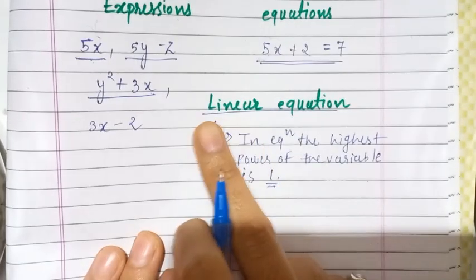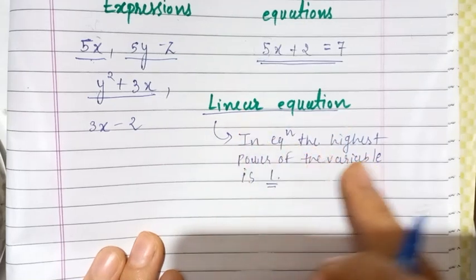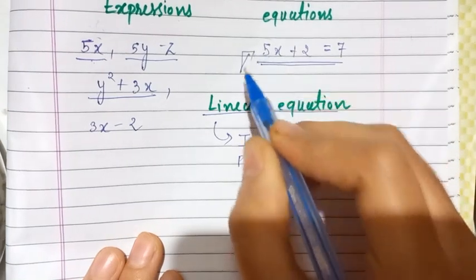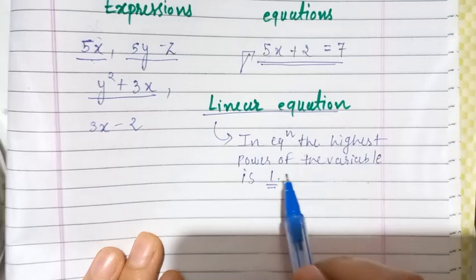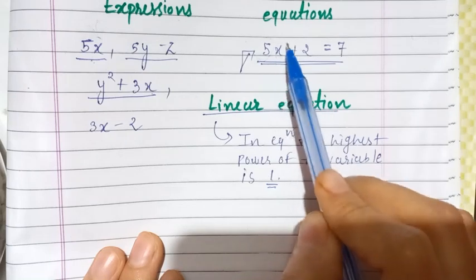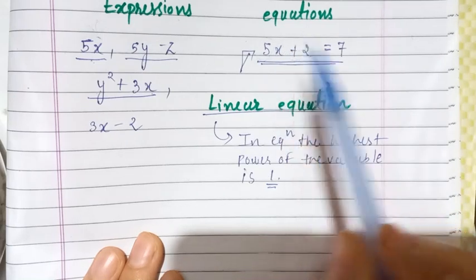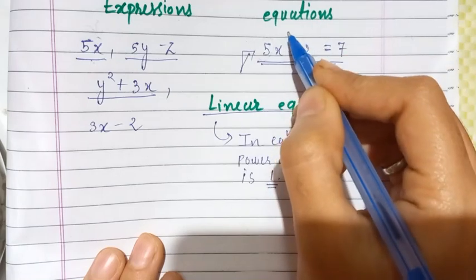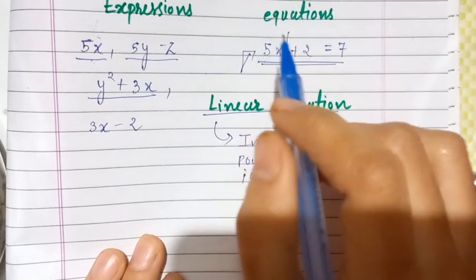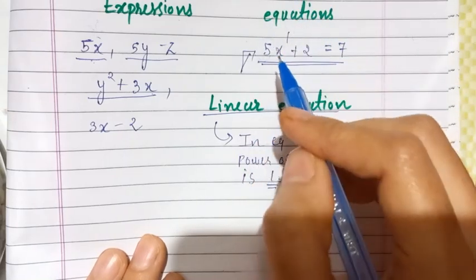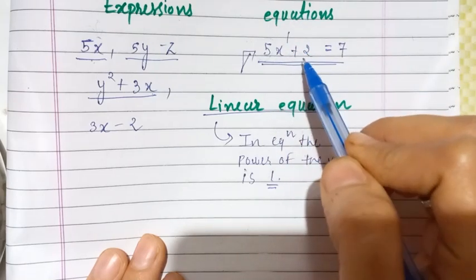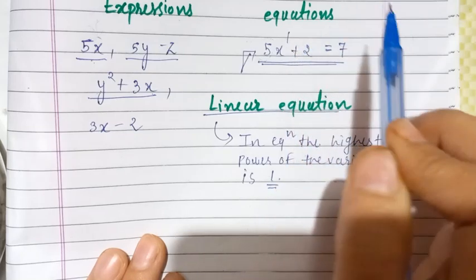In a linear equation the highest power of the variable is 1. For example, this equation is linear because the highest power of the variable is 1, because here the variable is x, and the highest power means x raised to 1, x raised to 2. You have studied these things in earlier classes. What is power, what is base? Here the power of this variable is 1. So this is a linear equation, and this linear equation is in one variable.